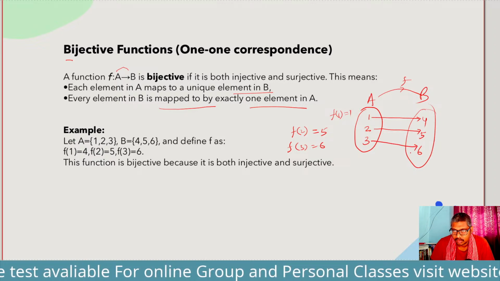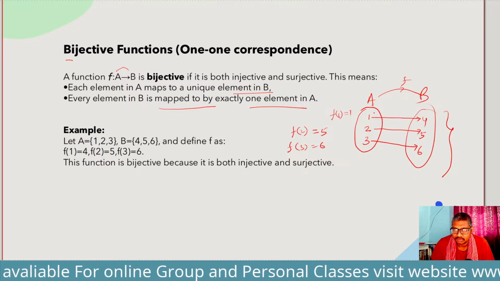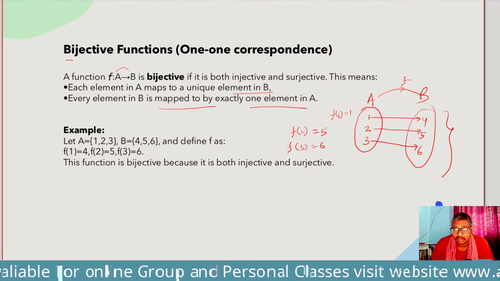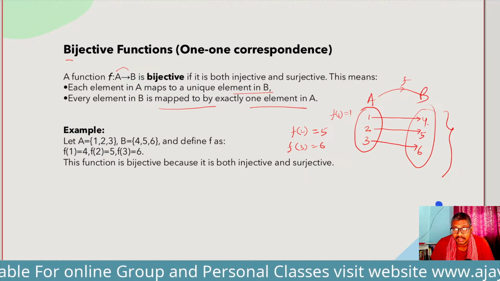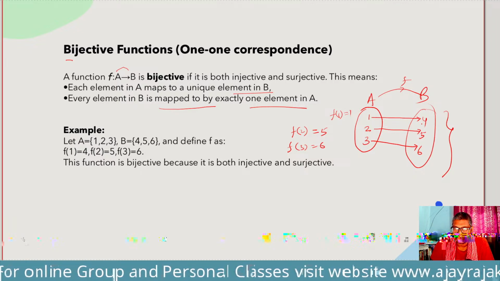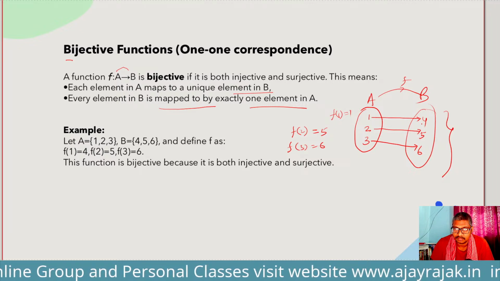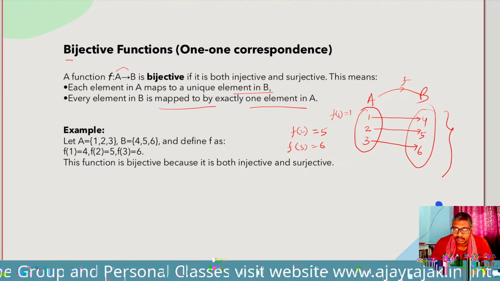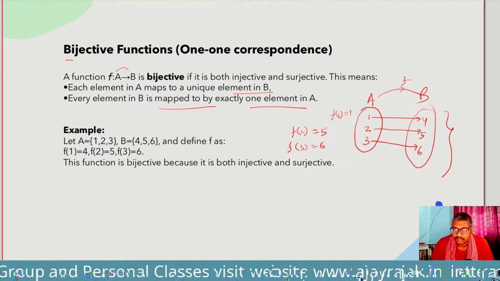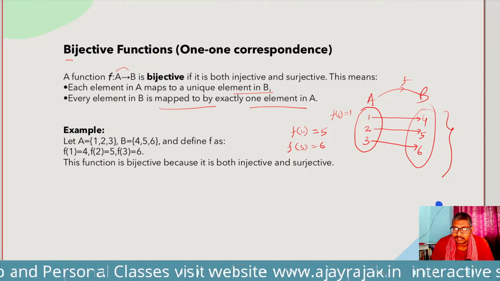So all the elements of B are associated with A, but all the elements of A are also associated with B in a unique manner. 1 has 4, 1 is not associated with 5, and 2 is not associated with other elements.